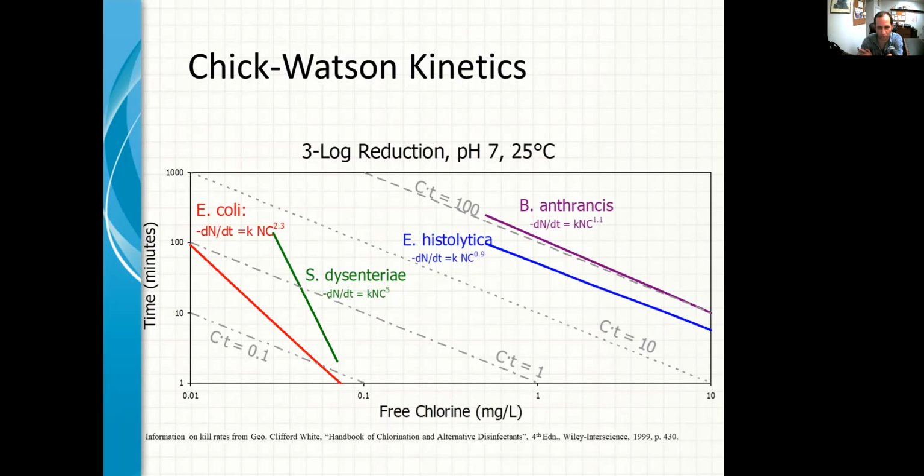But even at 10 times less free chlorine, it'll kill a lot of the bacteria that cause disease, E. coli and dysentery bacteria, in less than a minute at 0.1 ppm. And even at 1 ppm, which is a minimal amount that you would keep your swimming pool at, it'll kill other harder to kill bacteria within an hour or two.